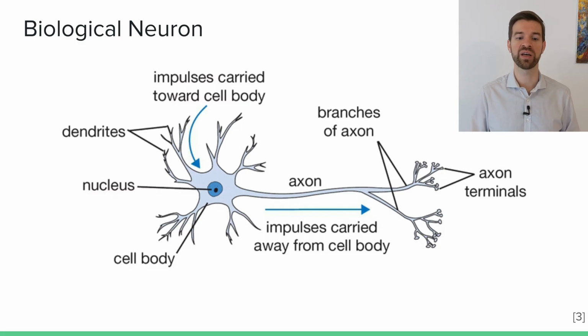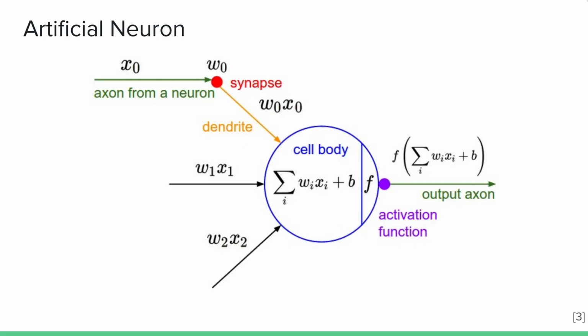So the chemicals in there carry some electric current, and based on the inputs that it receives, the output is generated, and an electrical signal travels through the axon to other neurons. And this idea of how the biological neuron works was copied and tried to be replicated with a so-called artificial neuron.